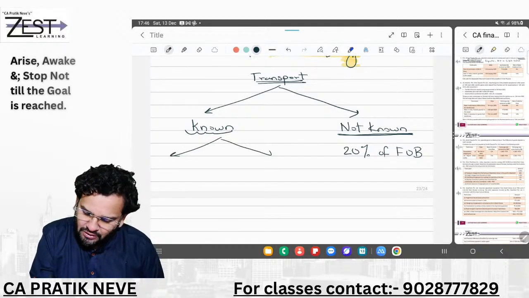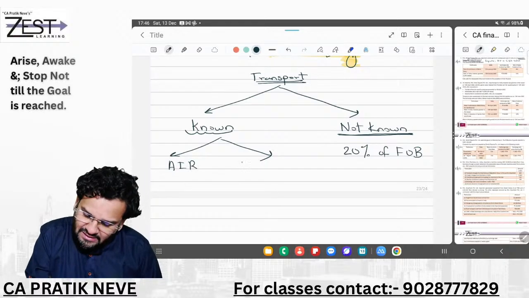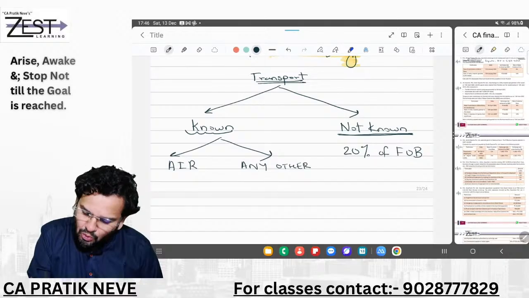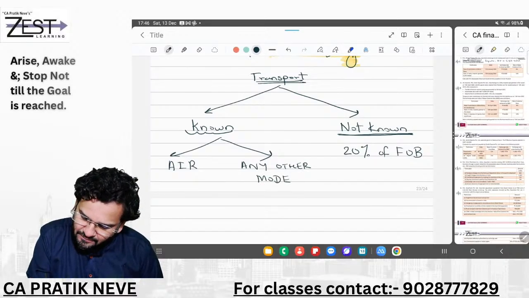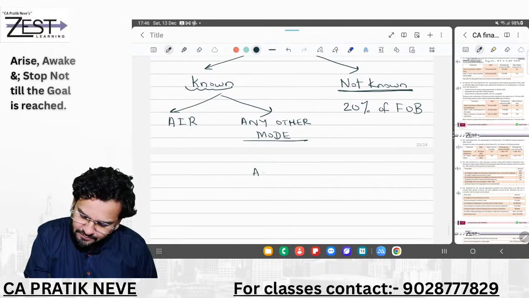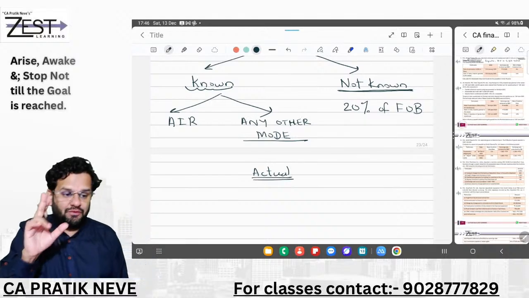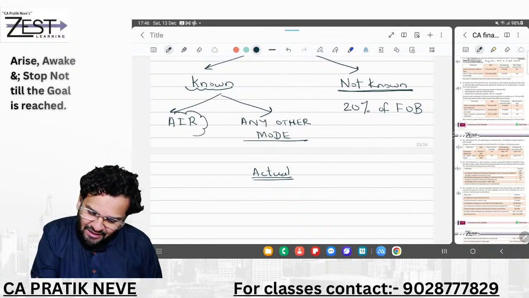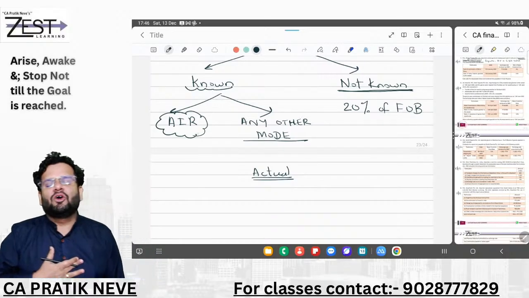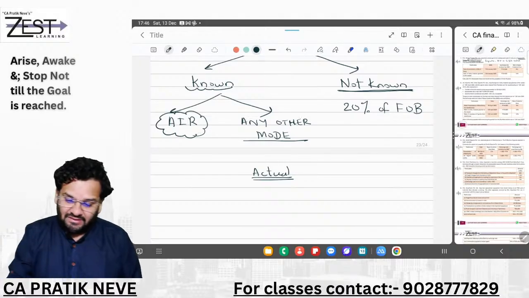If it is known, there are two possibilities. Transport could be by air or it could be by any other mode. If the transport is by any other mode, you take actual. Okay, but if it is by air, then government is a bit relaxed.